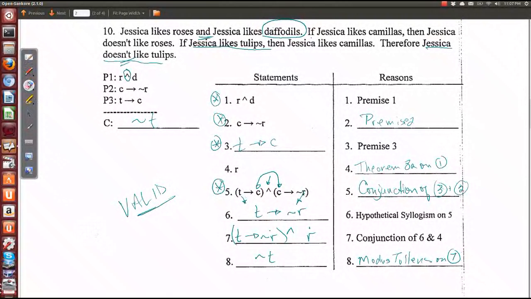Remember, there's a 4-step process for this. Step 1 is we have to list all of our premises. Step 2 is we have to take the conjunction of two statements.